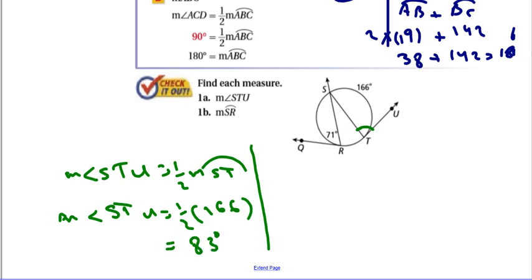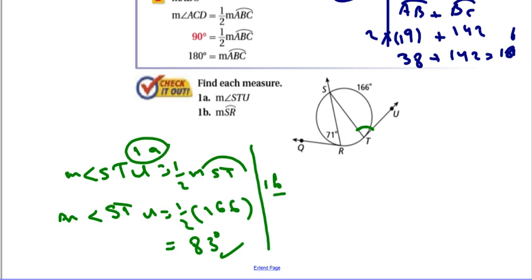So 1A is 83 degrees, because this angle STU is half the measure of arc ST, so 166 divided by 2 equals 83.